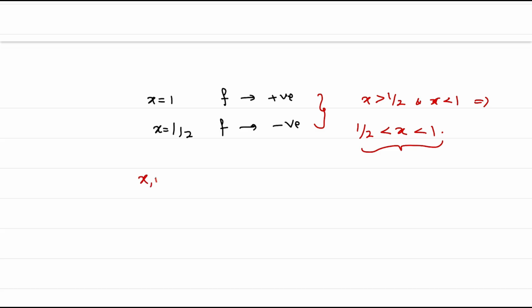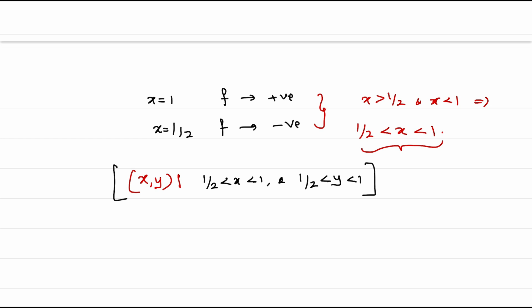X and y are such that half less than x less than 1 and half less than y less than 1. This is the solution.